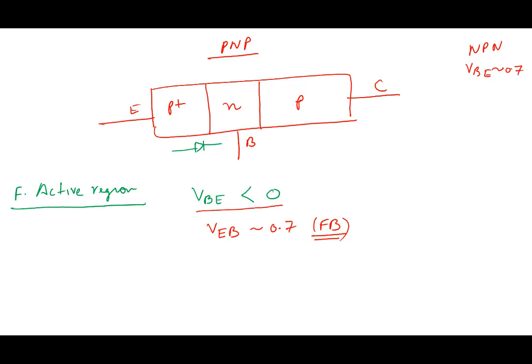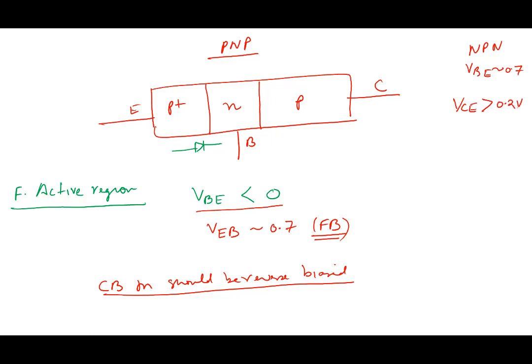The other thing to note is that the collector-base junction should be reverse biased. Even now it should be reverse biased. Earlier we used to say we need to keep VCE greater than 0.2 volts, otherwise the transistor would go into saturation.